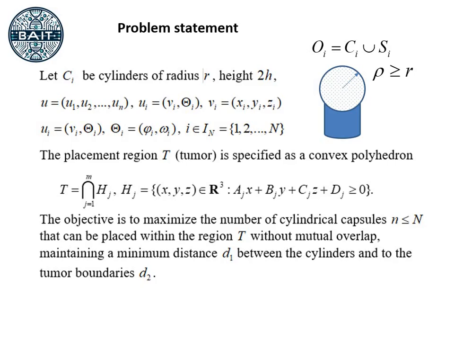The cylinder controls how the capsule fits into the treatment volume, while the sphere helps manage radiation exposure and safe spacing between sources. The tumor region is modeled as a convex polyhedron, allowing precise control over capsule placement and dose distribution.